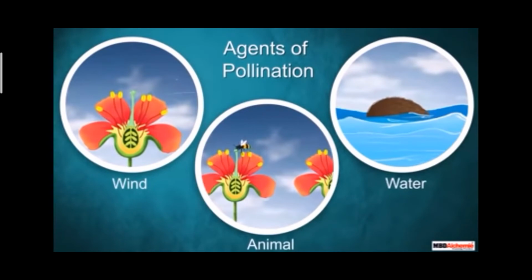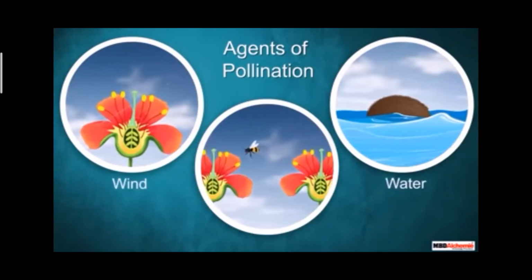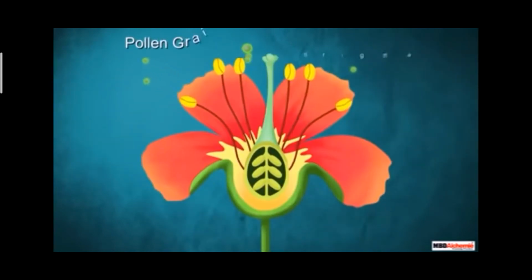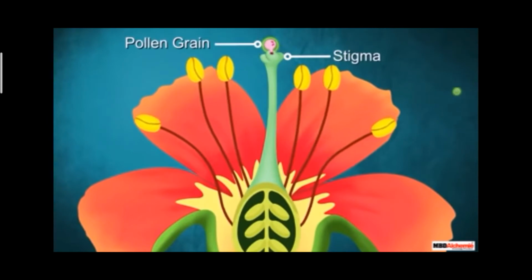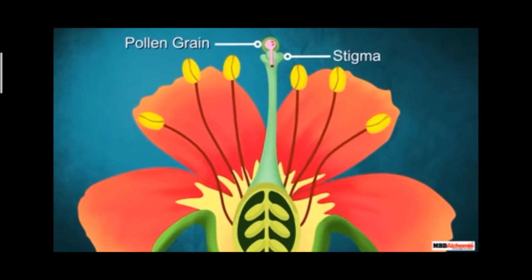Pollination occurs with the help of different agents like wind, insects, animals, water, etc. Once the pollen grains reach the stigma of a suitable flower, a tube grows from the pollen grain.